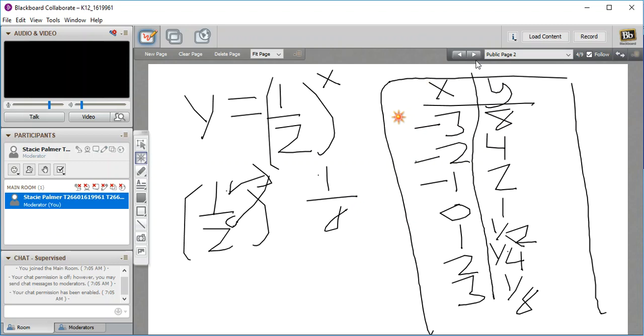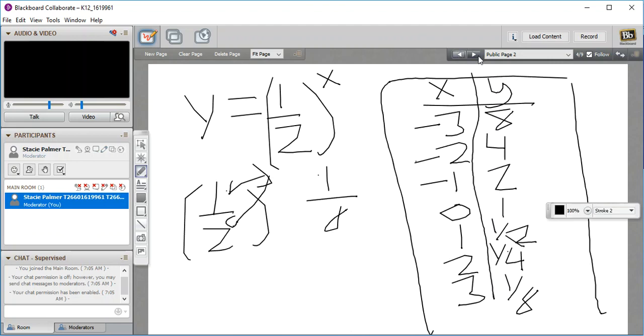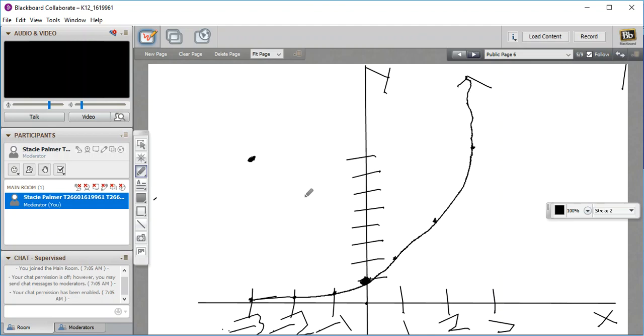If the x is -3, the y is 8. So when the x is -3, the y is 8. When the x is -2, the y is 4.